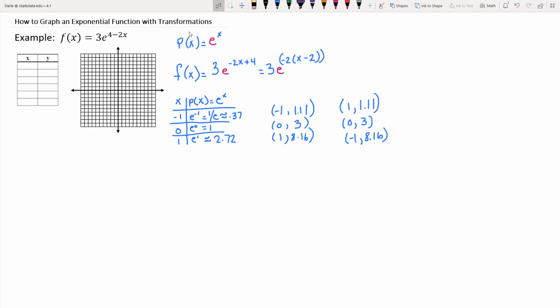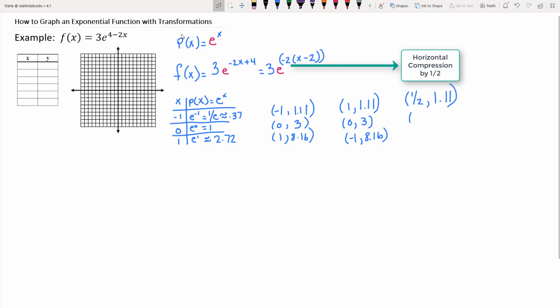And then I have this multiplier of 2 on my x, but that's just a horizontal compression by its reciprocal, so a horizontal compression by a half. So whatever I had for my x's, I now am going to cut them in half. So it's half, 1 and 11 hundredths. Half of 0 is still 0. Keep your 3. Half of negative 1 is going to be negative 1 half, 8 and 16 hundredths.